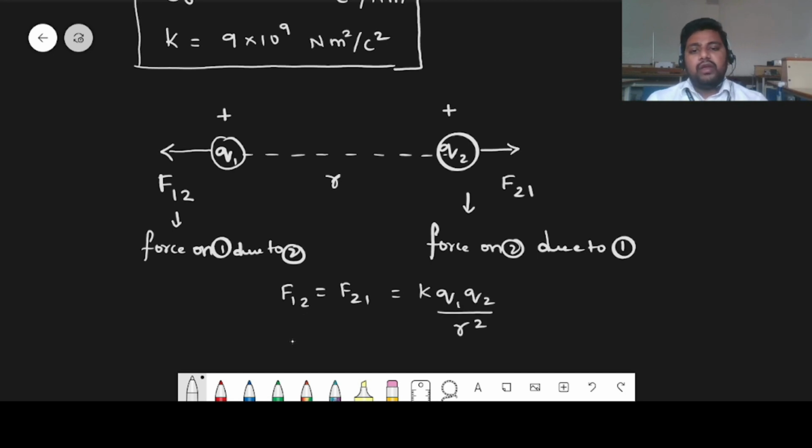The directions are different. In vector form, F12 is equal to minus of F21.